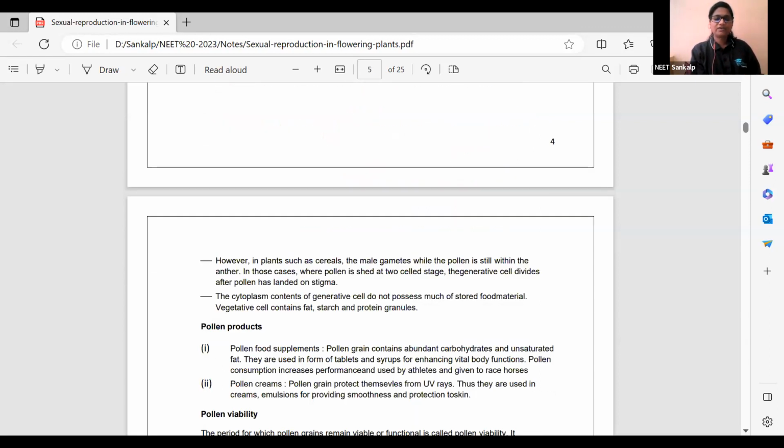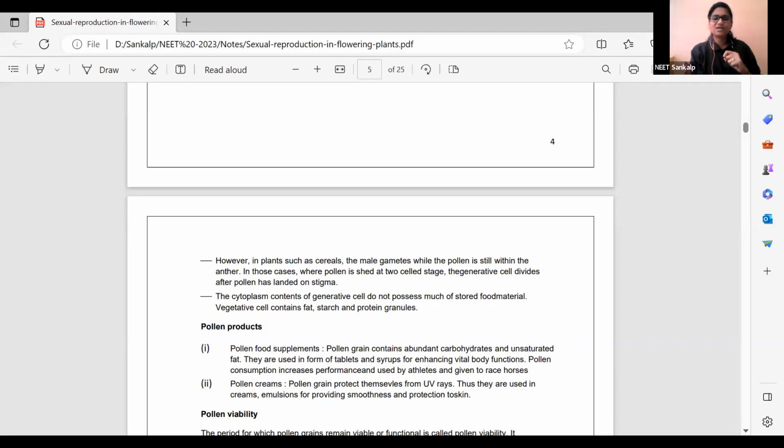However, in plants such as cereals and pulses, the male gametes form while the pollen is still within the anther. In those cases, when pollen is shed at the two-celled stage, the generative cell divides after the pollen has landed on the stigma.